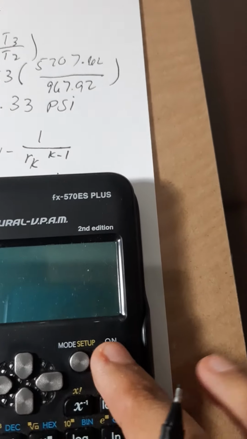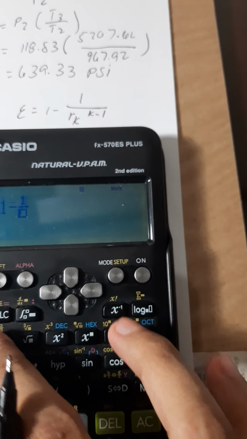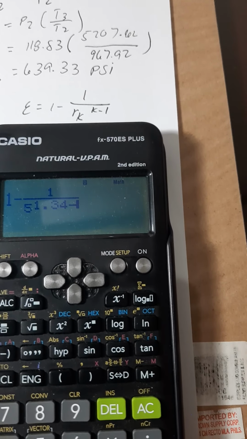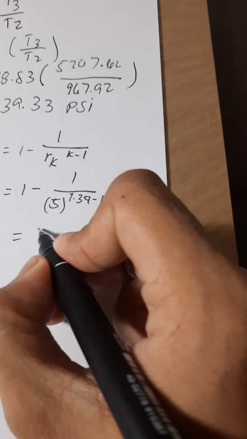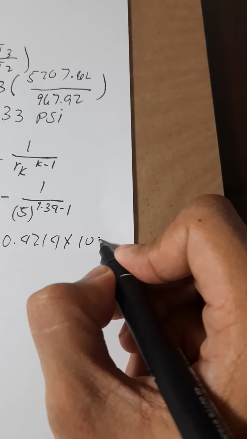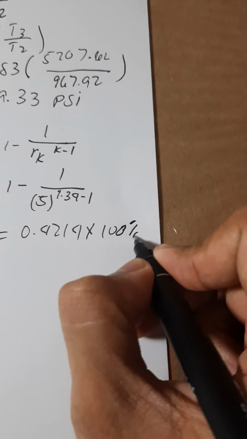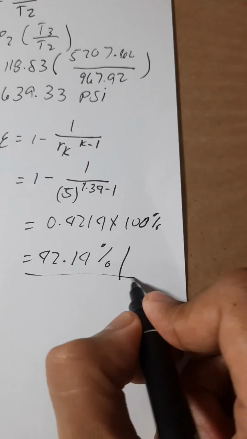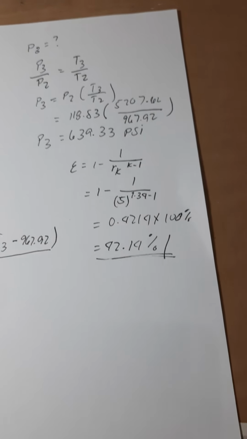Then compute natin: 0.4214. Convert this into percentage. We have 42.14% efficiency.